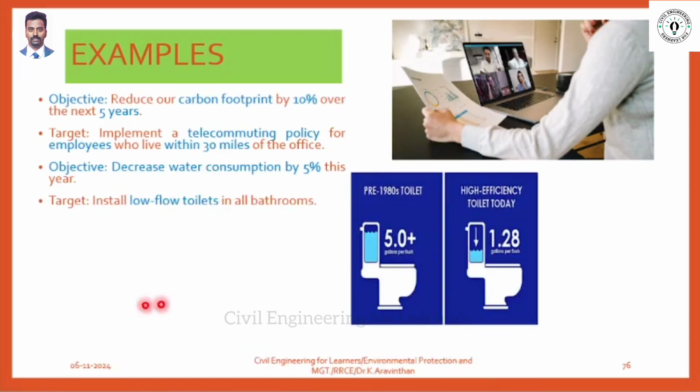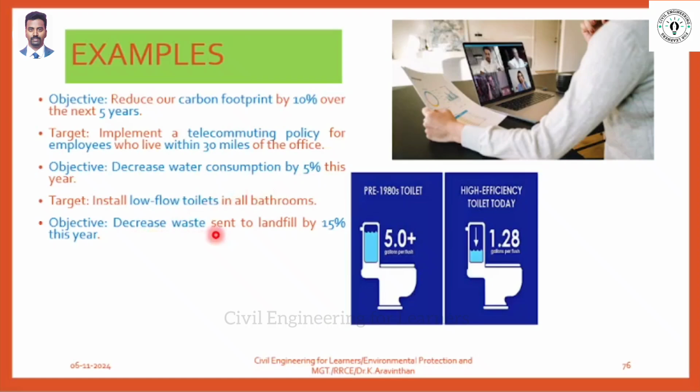What do I mean by low flow toilets? Generally these are high tech toilets. General toilets use 5+ liters. If low flow toilets are used, only 1.28 liters is enough for flushing. So this is the installation of low flow toilets. This will reduce the water consumption by 5%. That is one of the objectives.